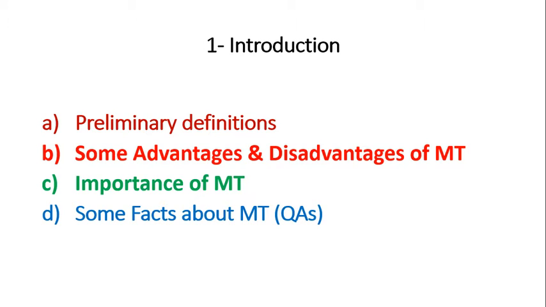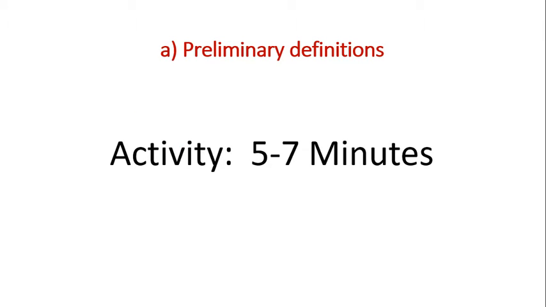Before we start, I would like to give you an activity which spans between 5 to 7 minutes. The activity is that every individual in the class should think about machine translation, whatever perception, knowledge, or information you have about this technology.